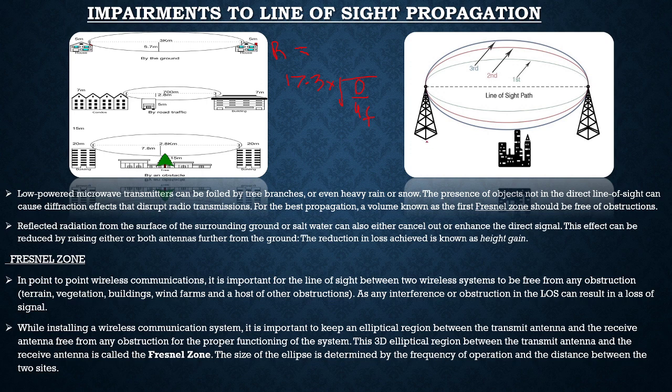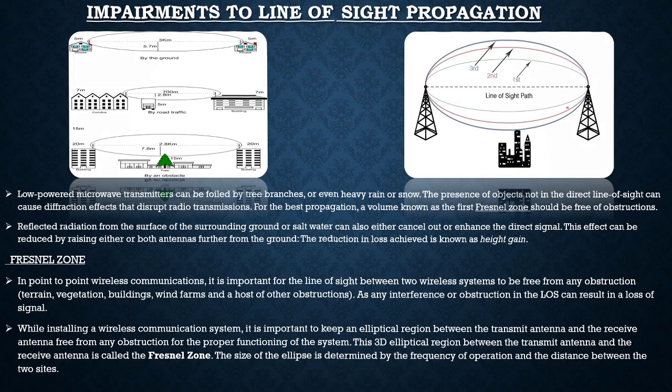What is d? d is the distance between the transmitting antenna and receiver antenna, whereas f is the frequency transmitted by the transmitting antenna. By this formula we can calculate the radius of the elliptical zone, or fresnel zone.